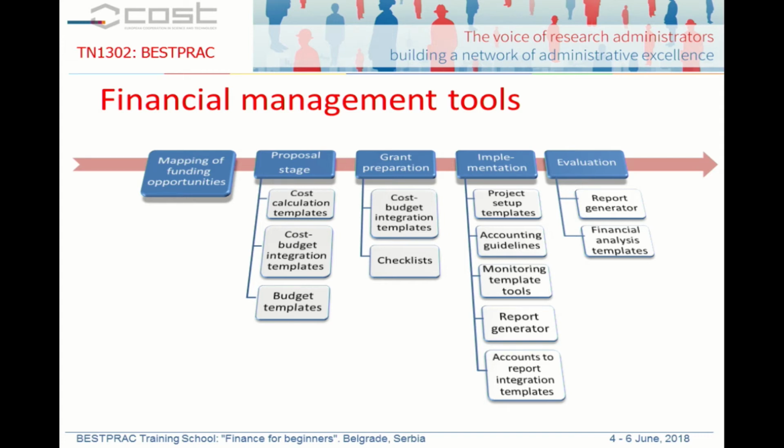And hopefully as automatic as possible without any manual editing would be the best. And use or develop various budget templates for different programs within Horizon 2020. Again, to save time in the future.